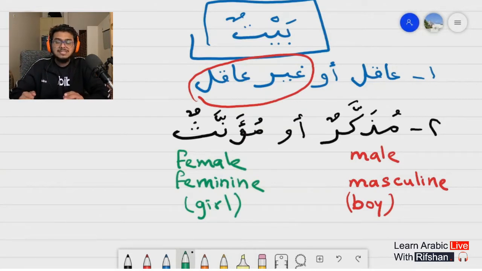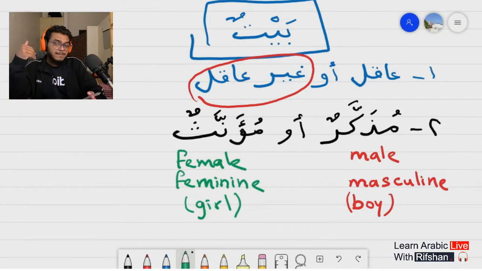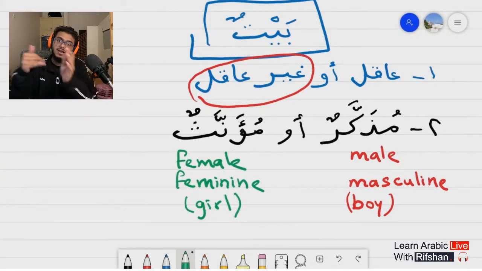How do we know something is muannath? كيف نعرف أن هذه الكلمة مؤنث أم مذكر؟ Meaning, how can we figure out if a certain word is muannath, feminine, female, or masculine, which is mudhakkar?